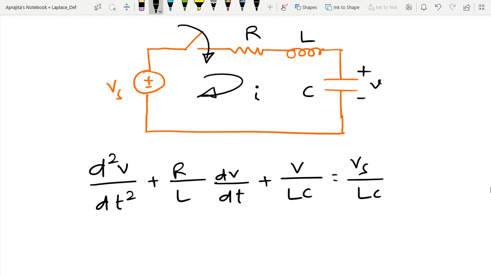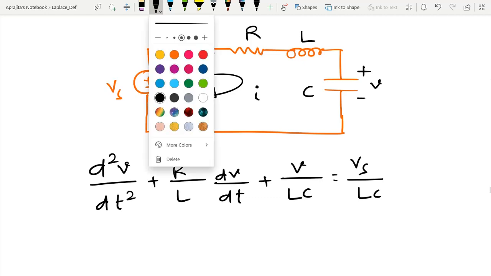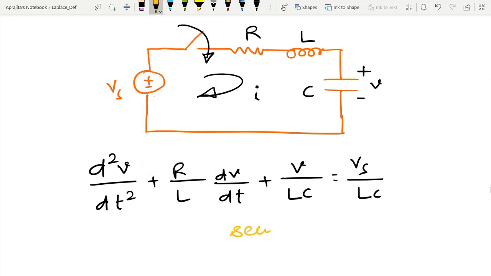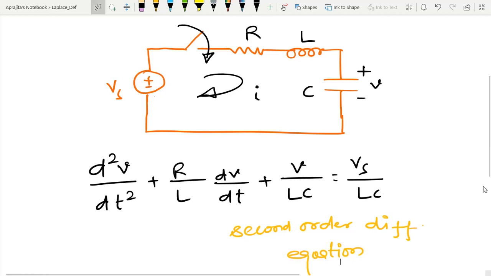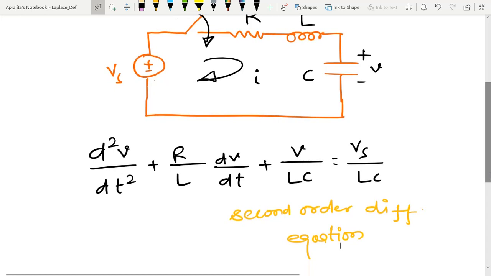So we have observed that the response of this circuit, so this is V, is governed by this kind of second order differential equation, and in order to know the current through any element or voltage across any element, I have to solve this second order differential equation.